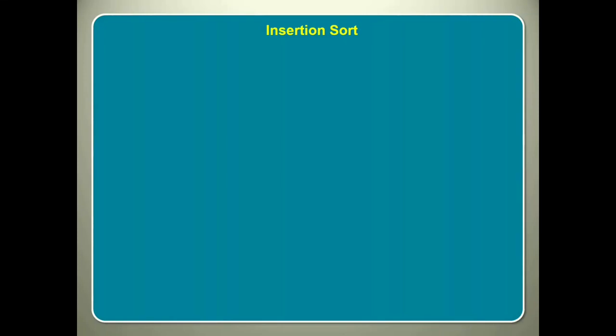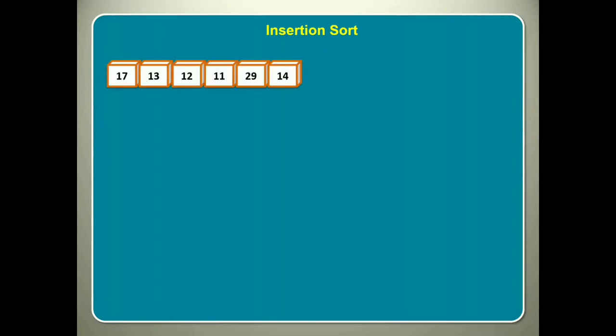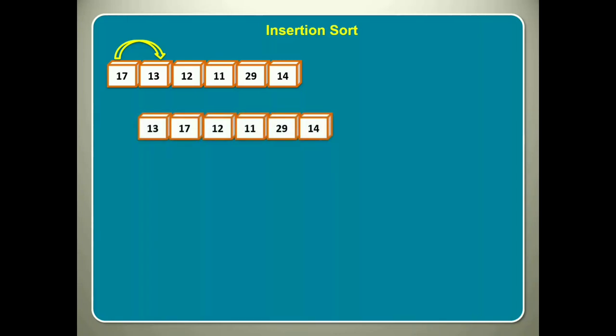Consider the following unsorted array: 17, 13, 12, 11, 29, 14. Step 1. First element, that is 17, is compared with second element, that is 13, and swapped. 13, 17, 12, 11, 29, 14.